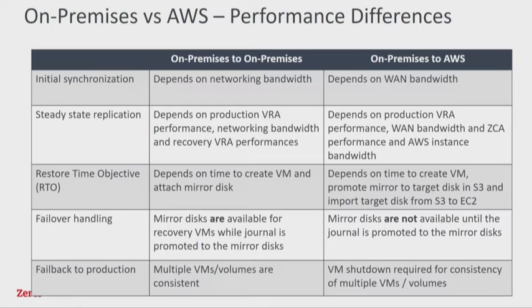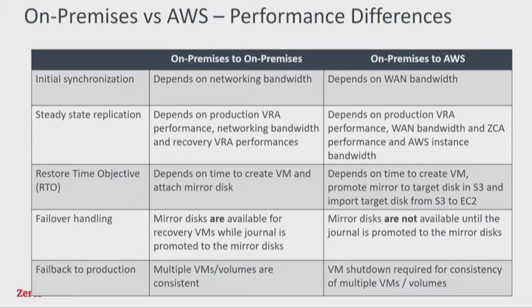The disks are made available immediately on site, whereas in the cloud, we have to let the promotion finish. On the failback, another key thing to keep in mind is coming out of the cloud, we don't have a way to keep multiple volumes and multiple VMs synchronized. So you want to be careful about what you select for the move operation. A move consistency group operation would be recommended.